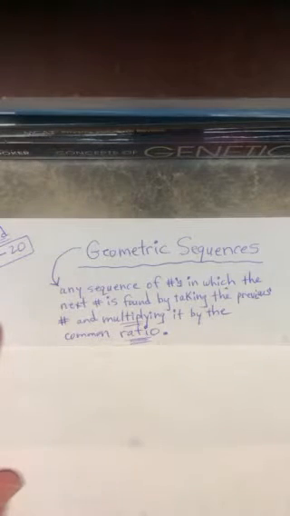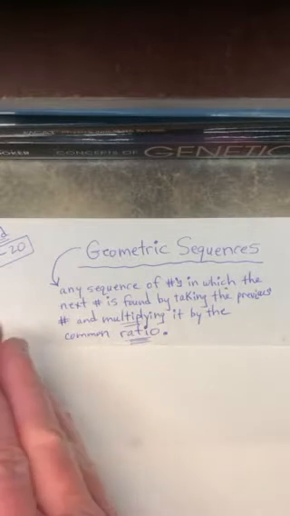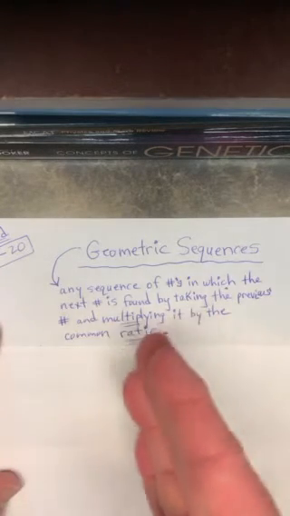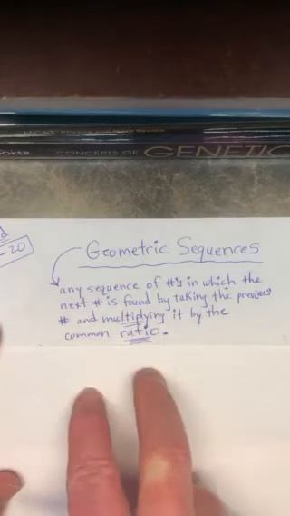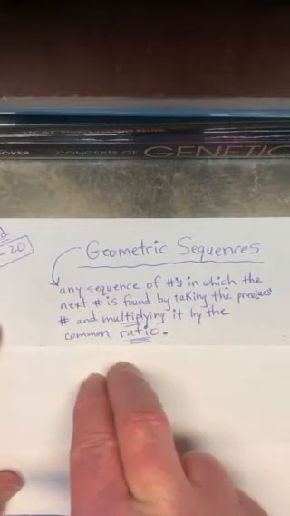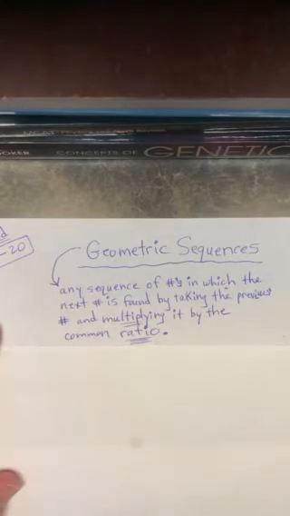And I've underlined the words multiplying and the word ratio. So instead of adding the same number over and over to create our pattern, we're going to take that previous number, whatever it is, and we're going to multiply each number by some number to create the next number.